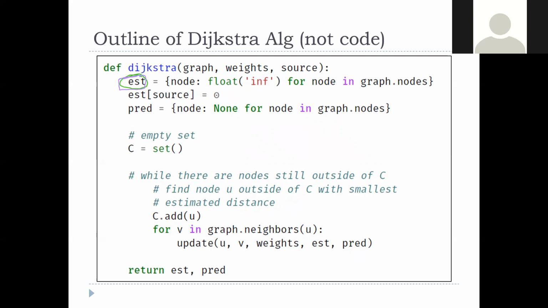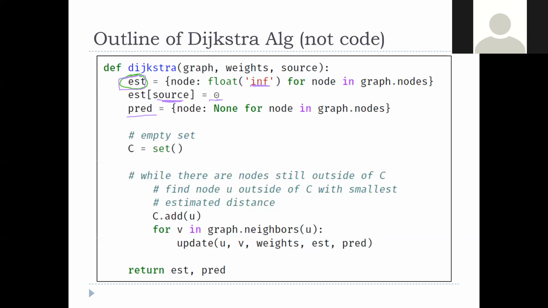At the beginning, only the source has estimate 0. Everybody else has infinity as their shortest path distance estimate. We're also going to remember the predecessor for every node, which is the predecessor along the currently estimated shortest path to reach this node, same as in the Bellman-Ford algorithm last time.